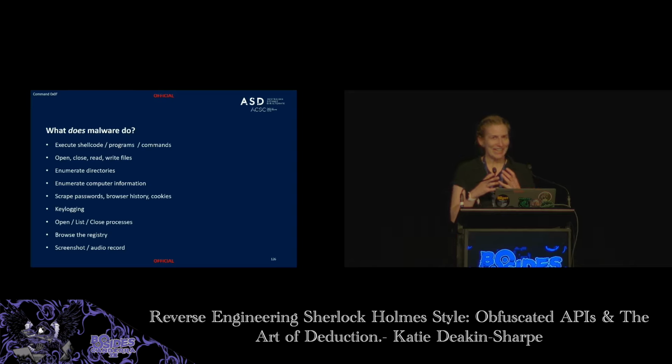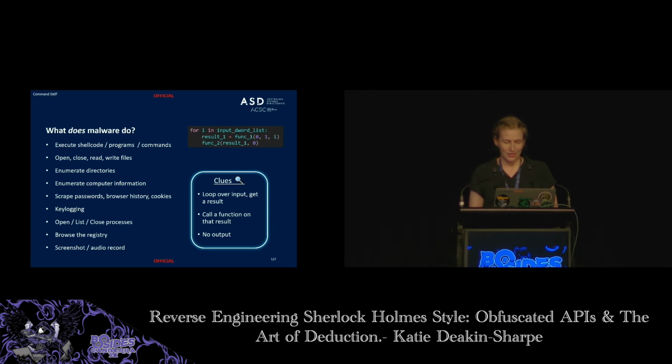If we look again at the structure of the code and see if that can lead us in the right direction, broadly speaking, we are looping over an input, getting a result, calling a function on that result, but we're not getting any output. We're not returning anything to the controller. So that probably suggests we're not enumerating anything, we're not reading any files, we're not scraping anything. We are taking some input from the C2 server, but it's an input of DWORDs. So that's not probably enough to be writing to a file.